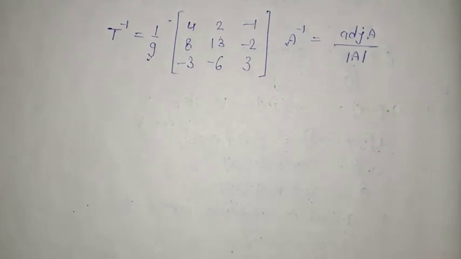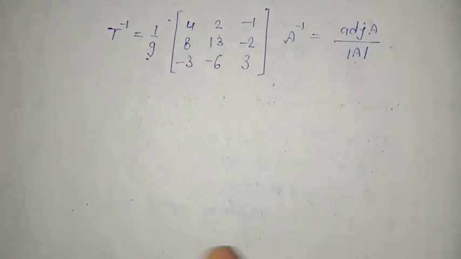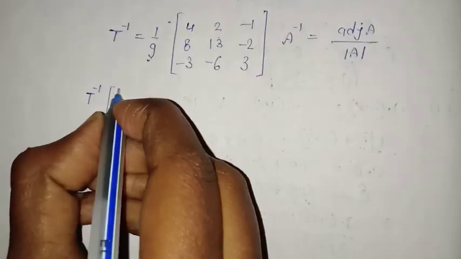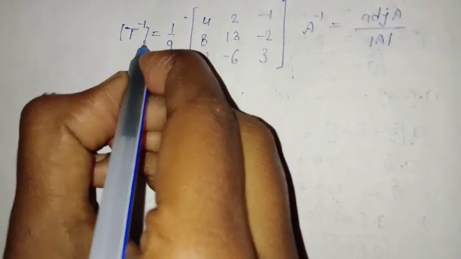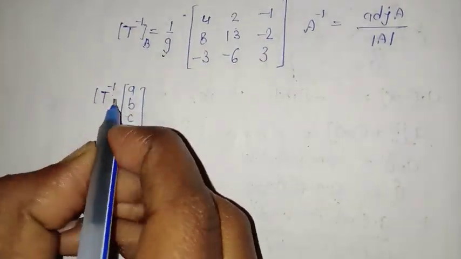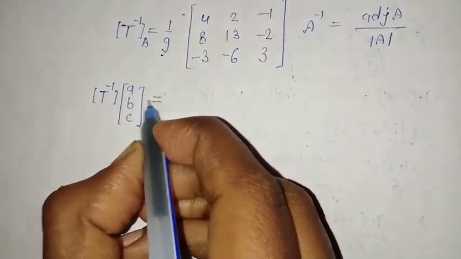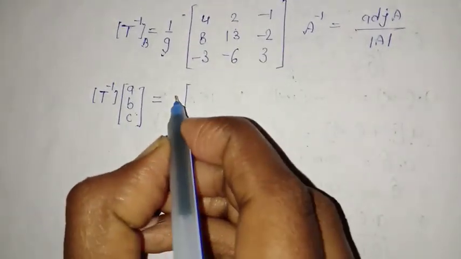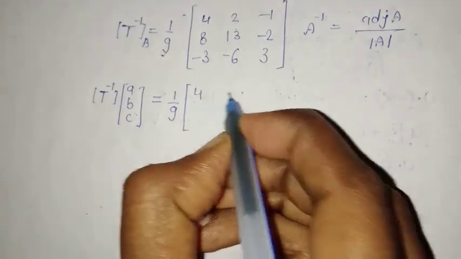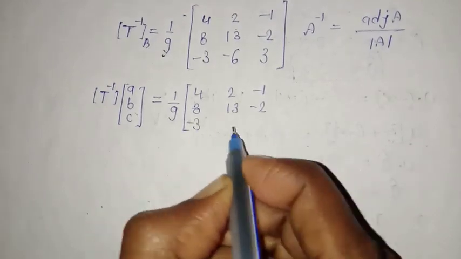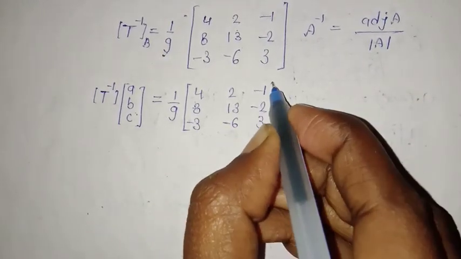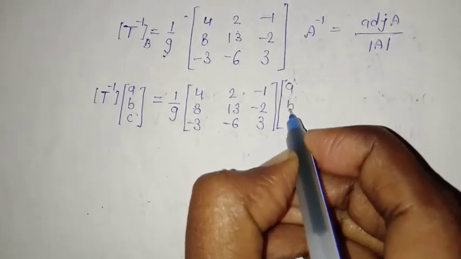In order to find the formula, we have to multiply this T inverse by a vector (a, b, c). Then we get a new transformation. This is also taken over the basis B, so I am writing it like this, T inverse over B. Now if I multiply it with this vector, this can be written as 1 by 9 times the matrix with rows 4, 2, -1; 8, 13, -2; -3, -6, 3, multiplied with (a, b, c).